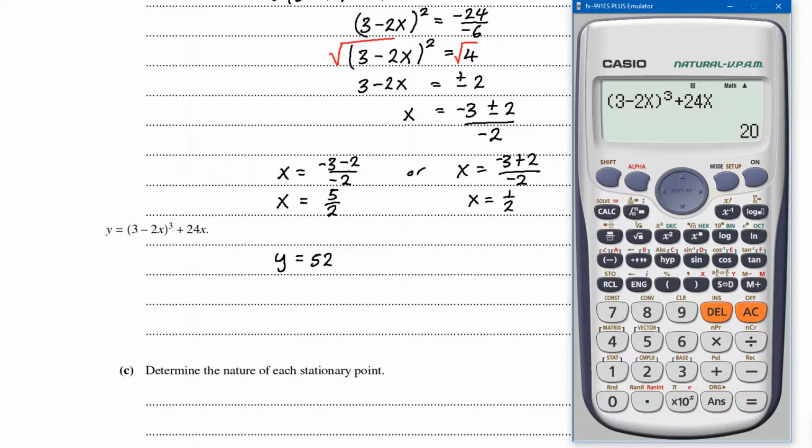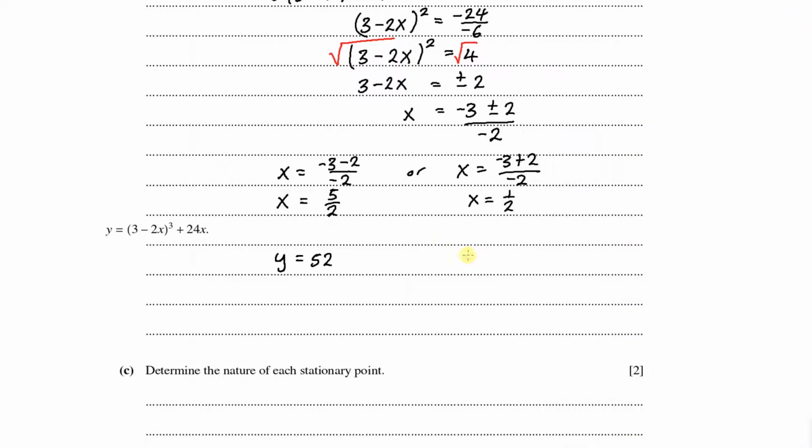And this gives us 20. So y will be 20. So the coordinates will be 5 over 2 and 52, and we'll be having half and 20. So these are the two coordinates here.